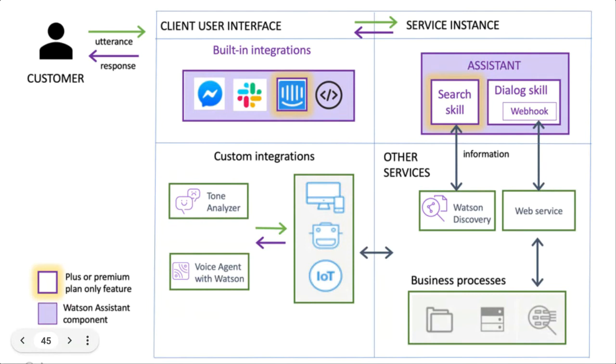You can see the built-in integrations: Slack, web chat, Intercom, Facebook Messenger, Twilio, Salesforce and the likes. There are also custom integrations, a tone analyzer, and a voice agent with Watson.